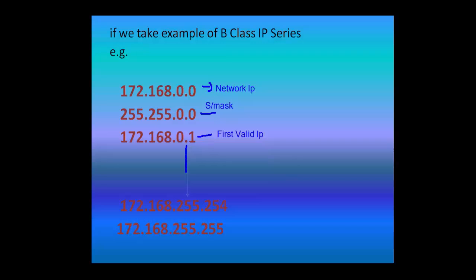We will calculate also how many IPs exist here, because 16 bits are empty here, 8 bits plus 8 bits. 16 bits are empty here. Last valid IP. And it will be the broadcast IP.